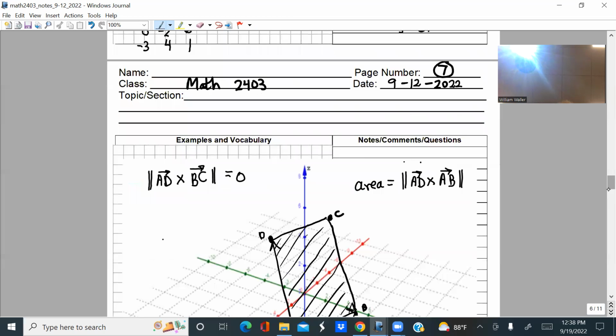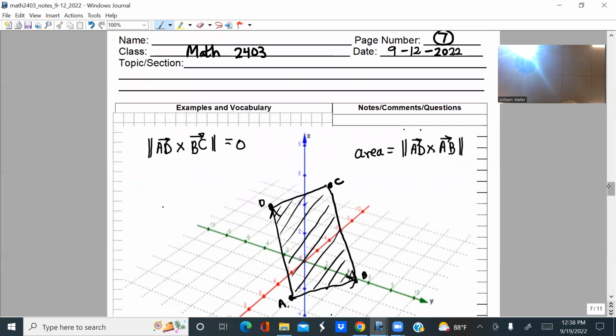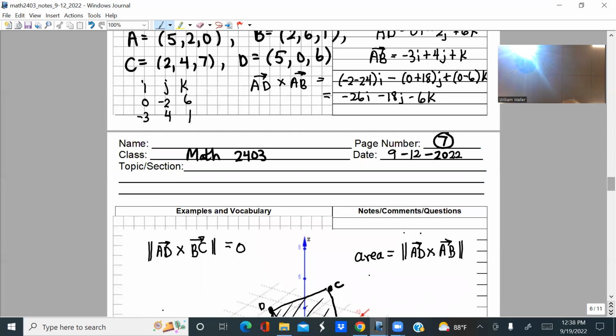what's this magnitude? Let's see if we can squeeze this in here, if I can get everything on the same page. So this magnitude is going to be what? The square root of the squares of these coefficients, right? So you have minus 26 squared plus minus 18 squared, and then plus minus 6 squared, right? And then just compute the square root of all of that.